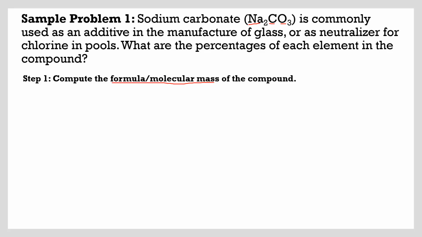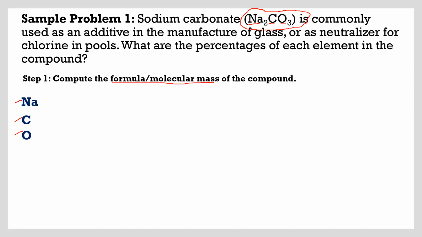We need these elements in order to get the whole mass, or the molecular mass, of this compound. So we list the elements first: sodium, carbon, and oxygen. Now, in order to compute the molecular mass, we need to compute each element's molar mass first.